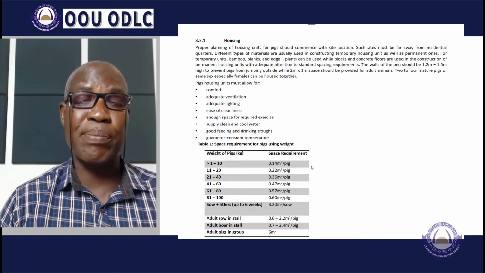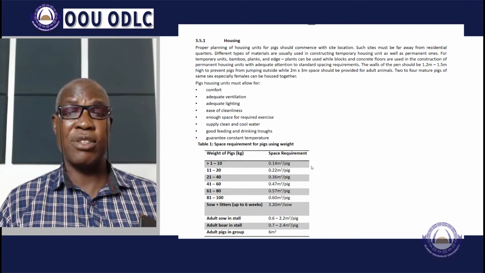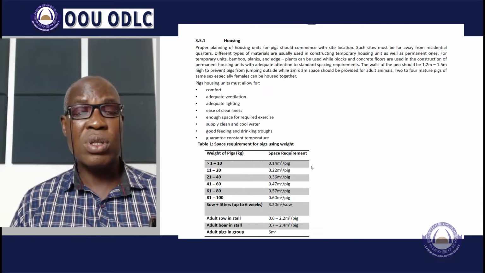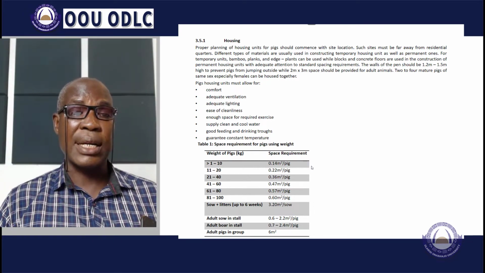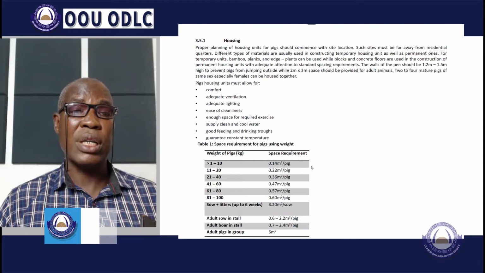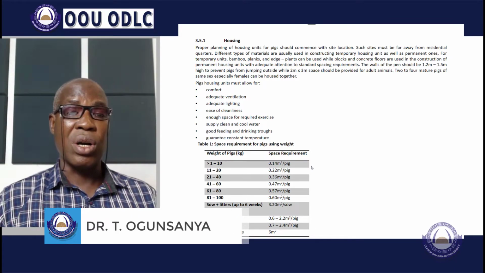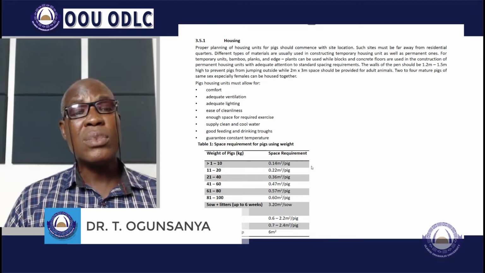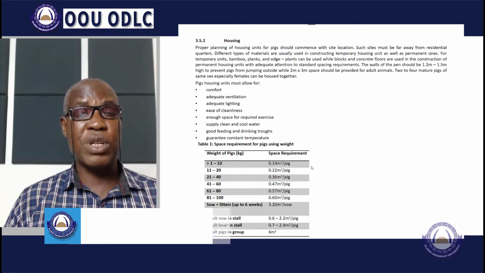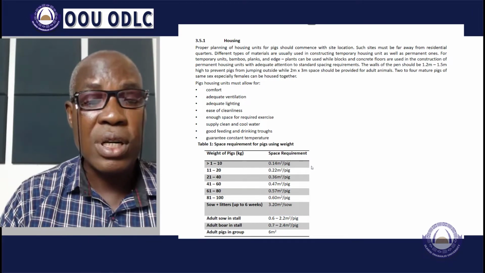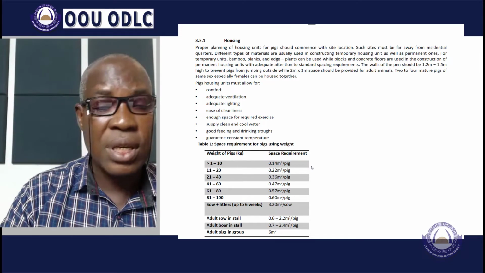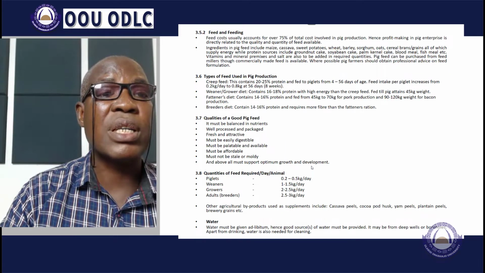Pigs do suffer from cold, especially the young ones. So we must have a room or pens that guarantee constant temperature. Here you can see we have different space requirements for different classes of pigs, and they are well respected.